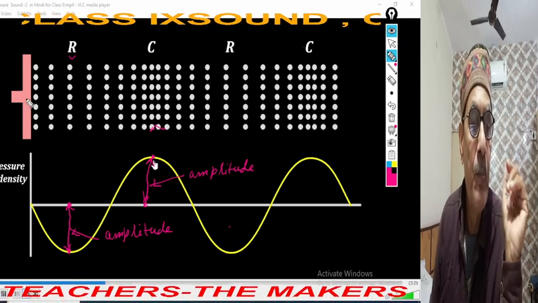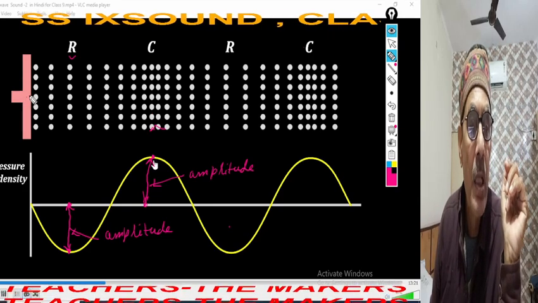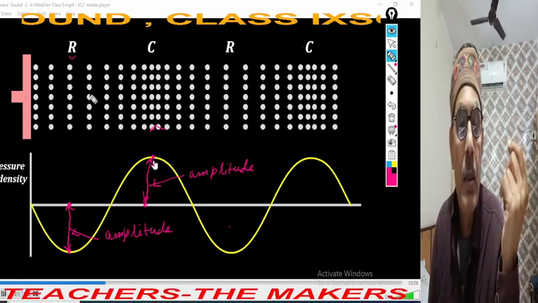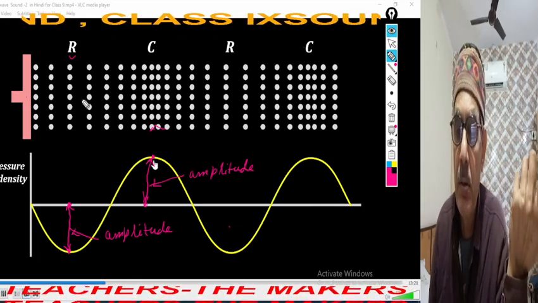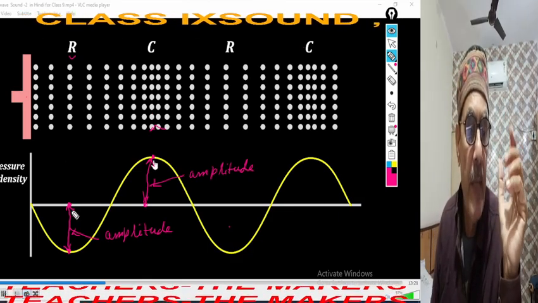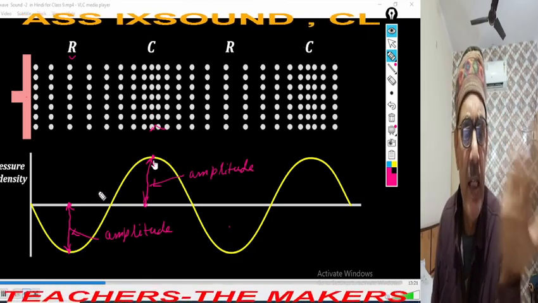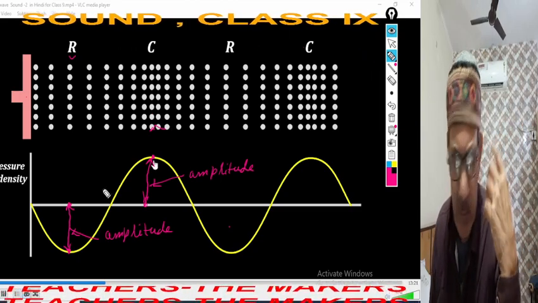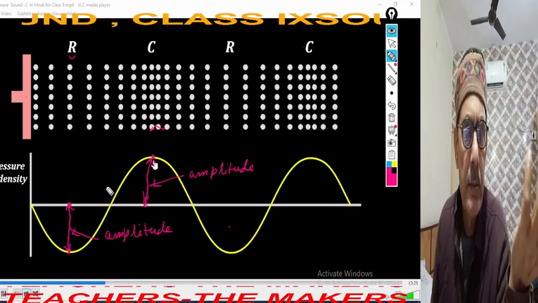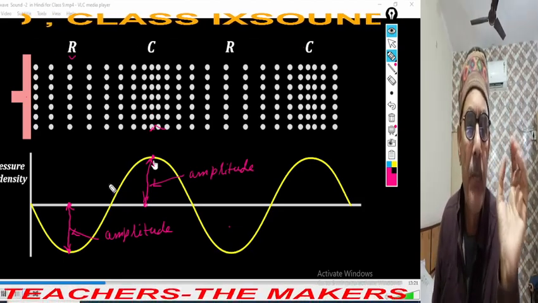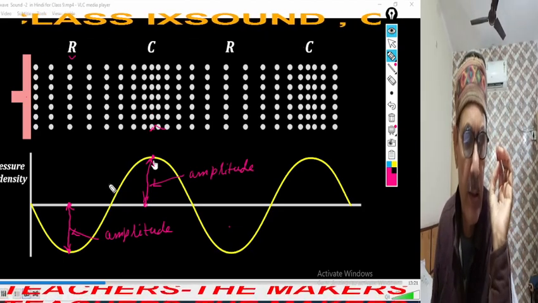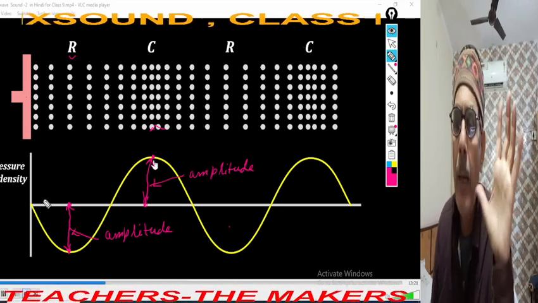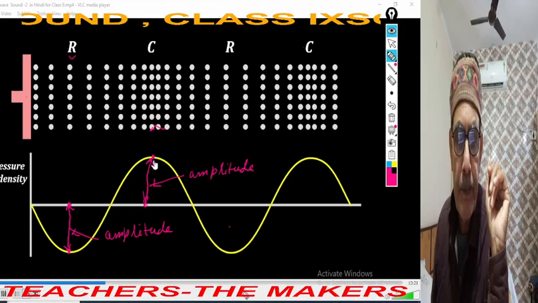In the same way, this is the mean position, and from the mean position, the maximum displacement in case of compression or rarefaction is called amplitude, or the maximum displacement in any case, whether it is a longitudinal wave or a transverse wave. In any case, the maximum displacement of the particle from undisturbed mean position is called amplitude.